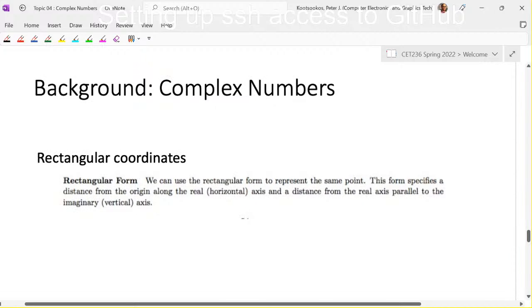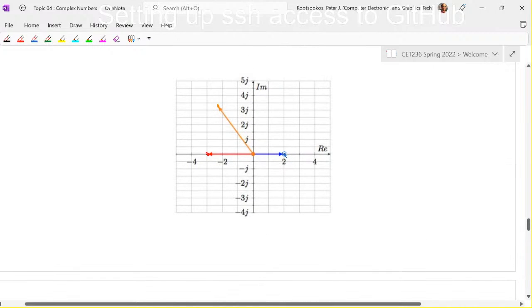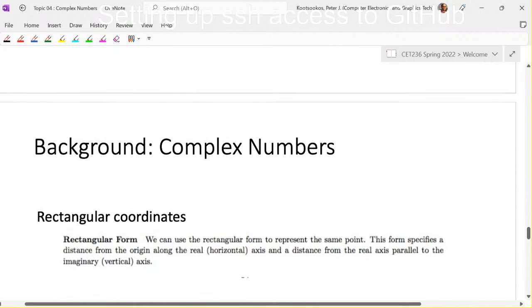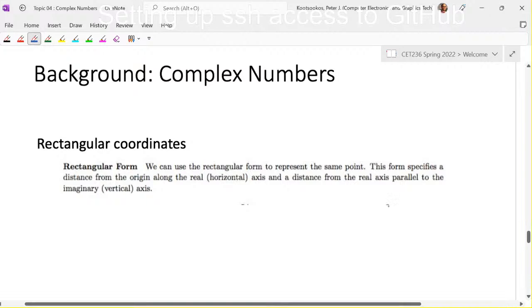So there's lots of ways to represent complex numbers. One way is the way I've been drawing it so far, using Cartesian coordinates, x, y.